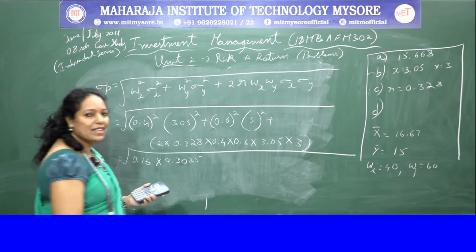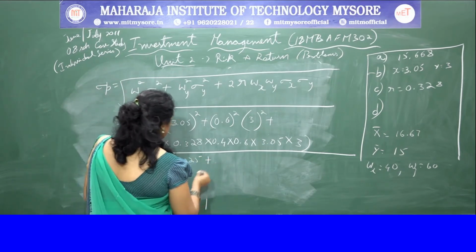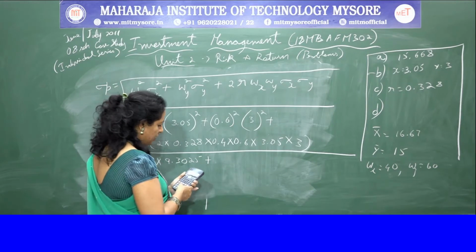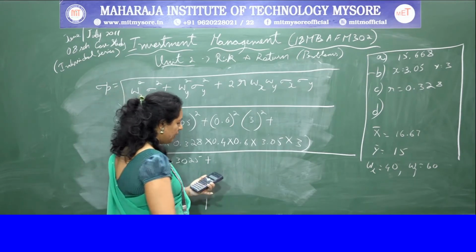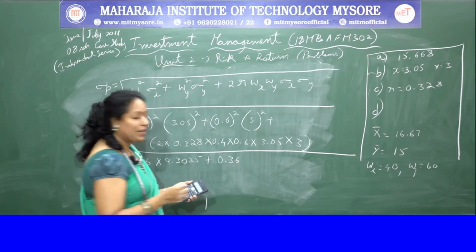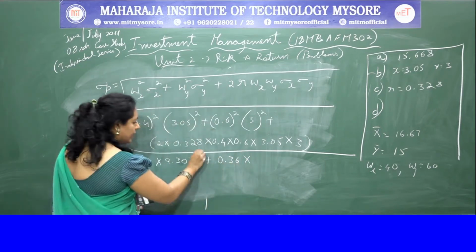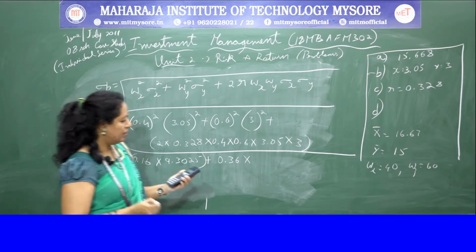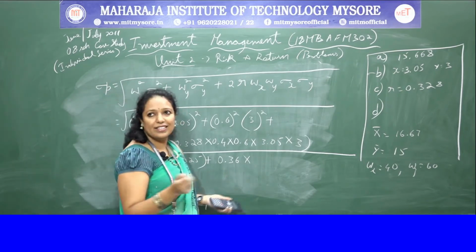Then 0.6 into 0.6, you get 0.36, into 3 3s are 9.